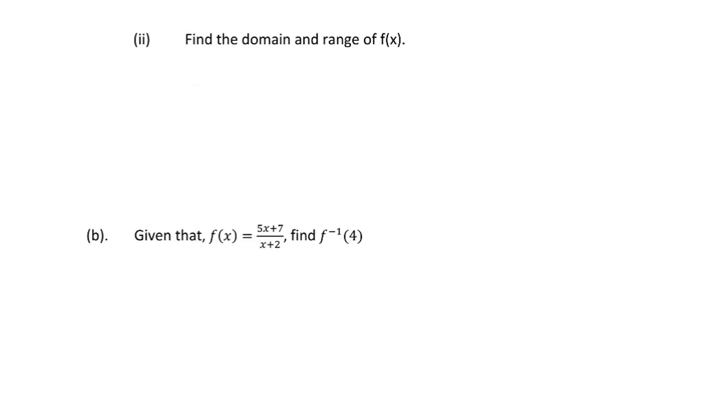Symbolically, domain = {x : 1 ≤ x ≤ 6}. And also, range is such that 2 ≤ y ≤ 8. Symbolically, range = {y : 2 ≤ y ≤ 8}. And those are our answers.